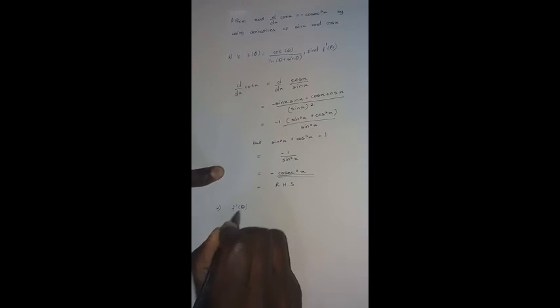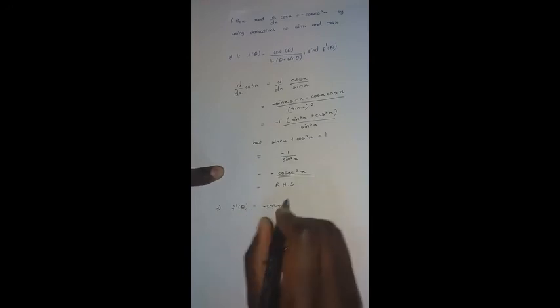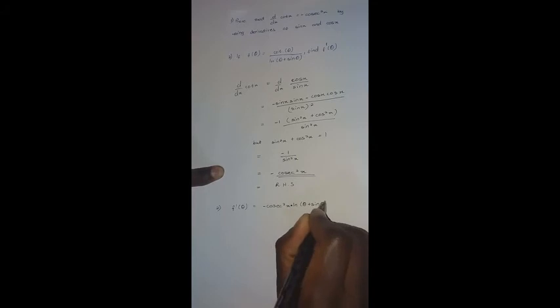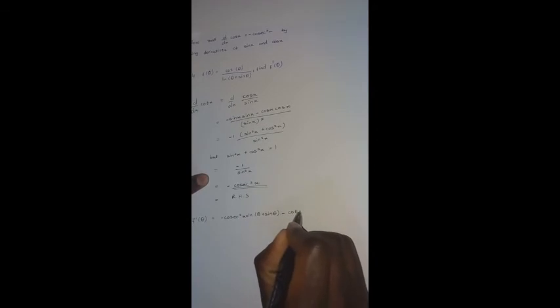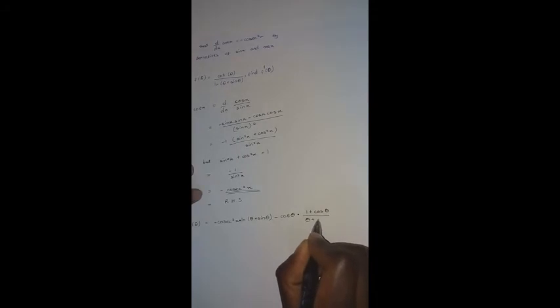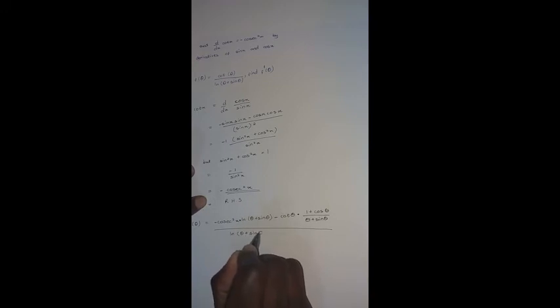f prime of theta will be equal to negative cosec squared theta times (ln theta plus sine theta), and then now it's minus cot theta times (1 over theta plus cos theta), and then for the denominator it's going to be (ln theta plus sine theta), the whole denominator squared.